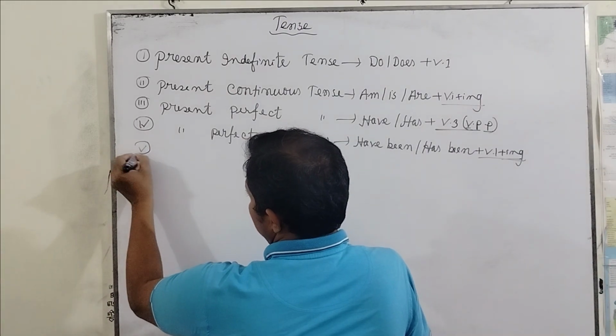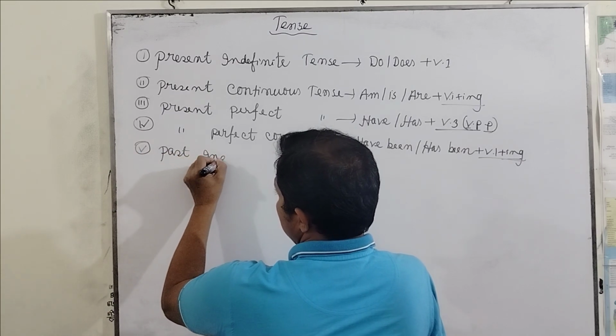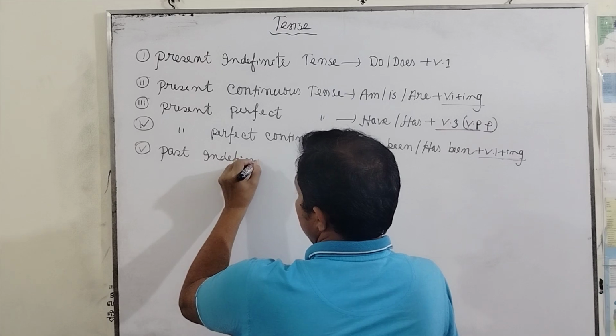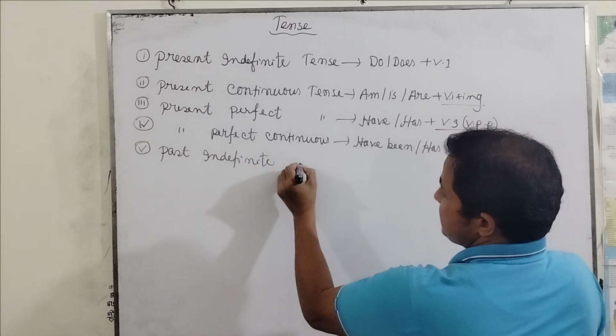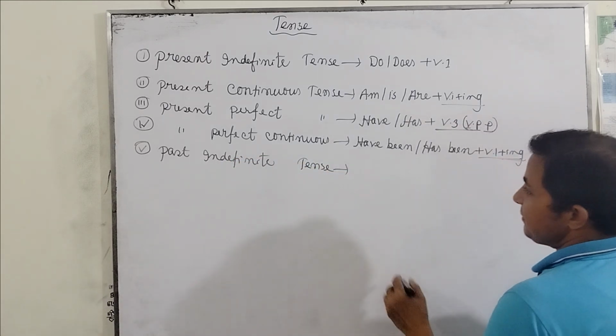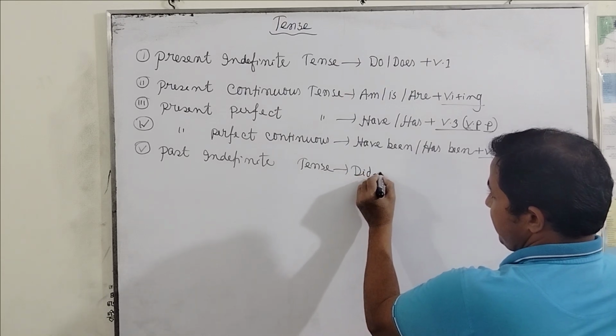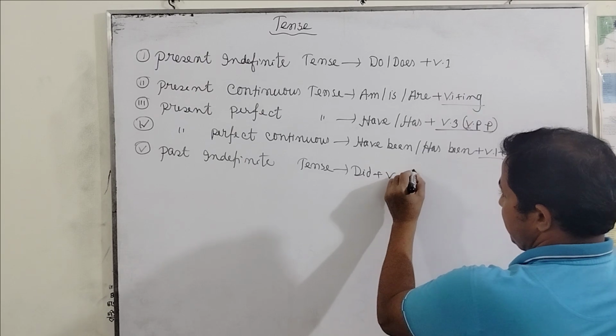Now number 5, past indefinite tense. Past indefinite tense has the auxiliary verb did plus B1.